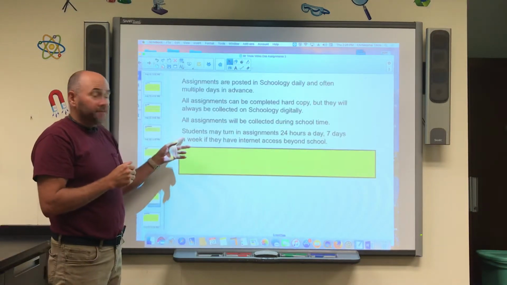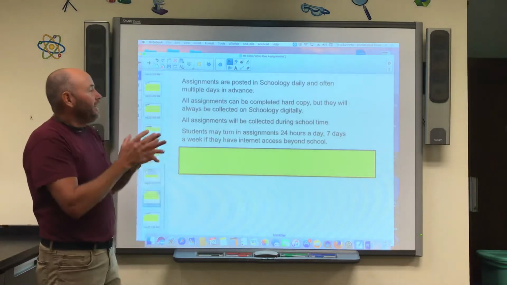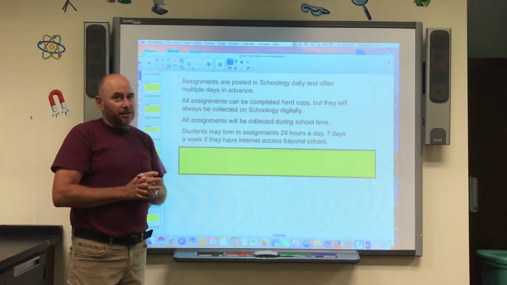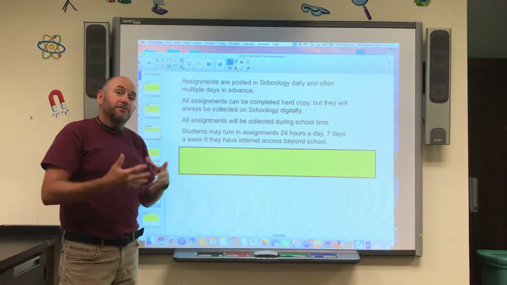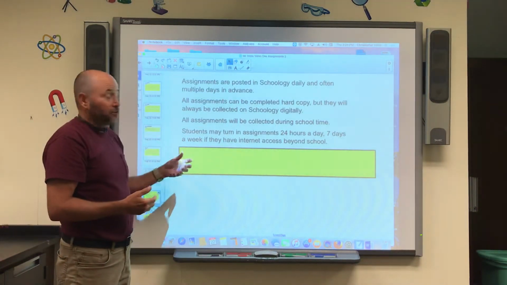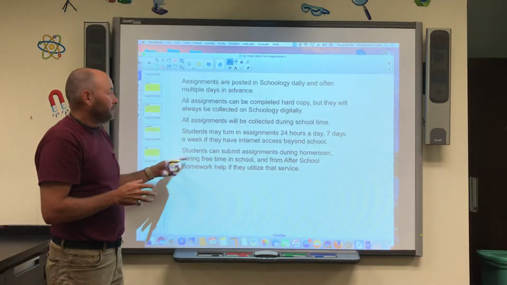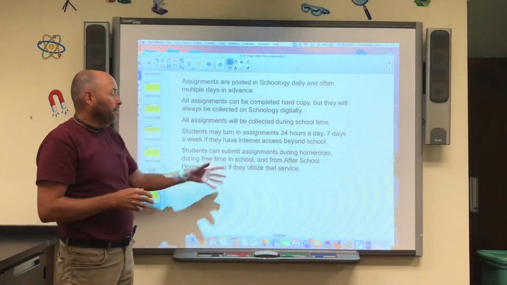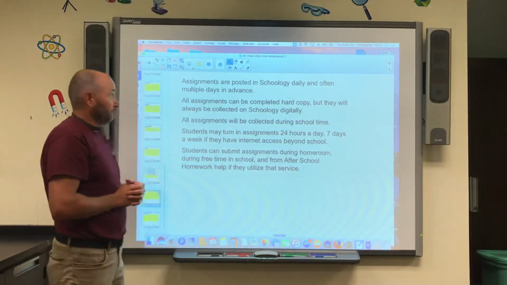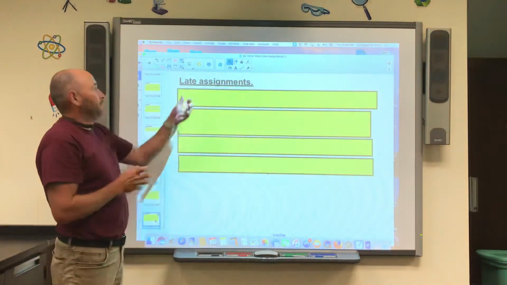Students may turn in assignments 24 hours a day, 7 days a week, if they have internet access beyond school. If they don't, remember, I give time to get all assignments in at school. Students can submit assignments during homeroom, during free time in school, and from after-school homework help if they utilize that service.